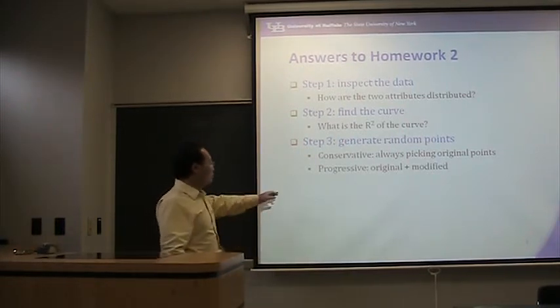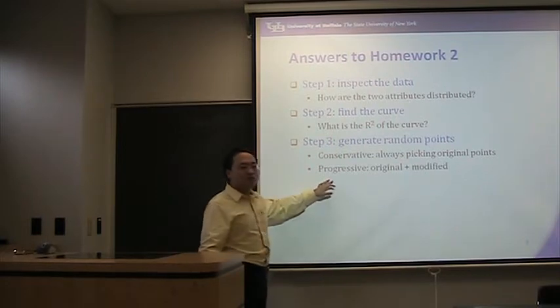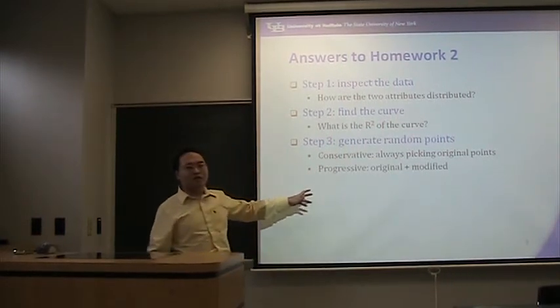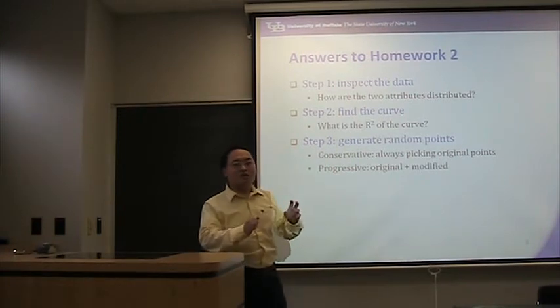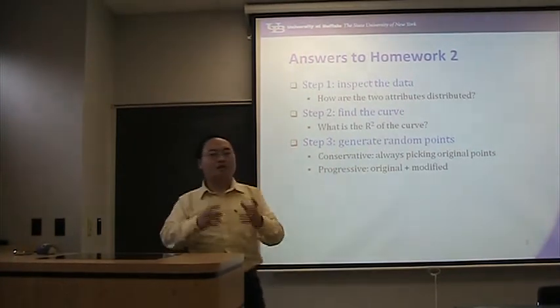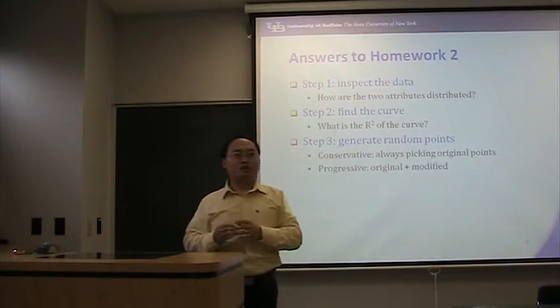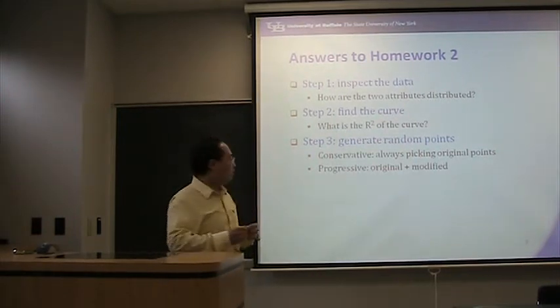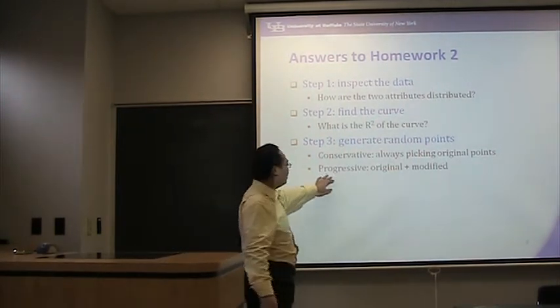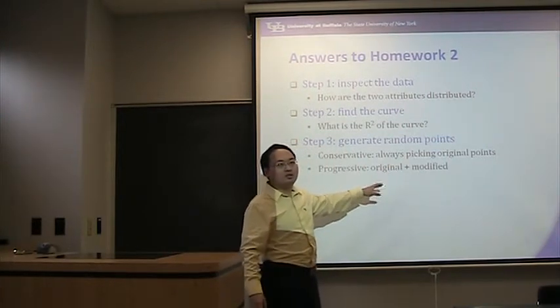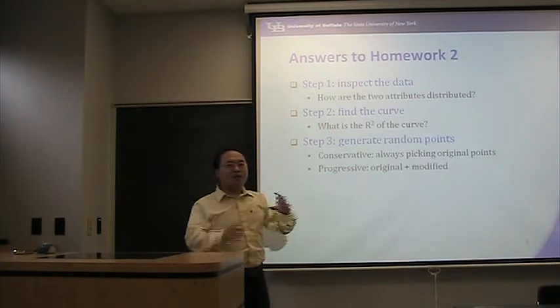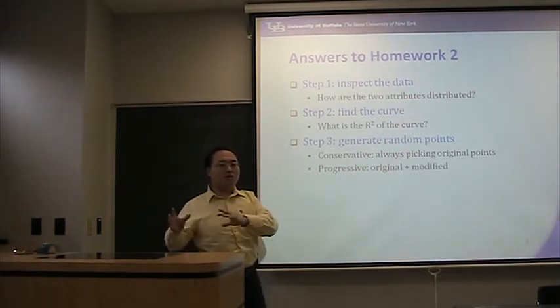But another way is to do it in a progressive way. Some people just generated some new points by adding some noise to the existing points. But I think the correct way is to first keep all those original points. Only one of you did that. So you are not just wholly generating new points.